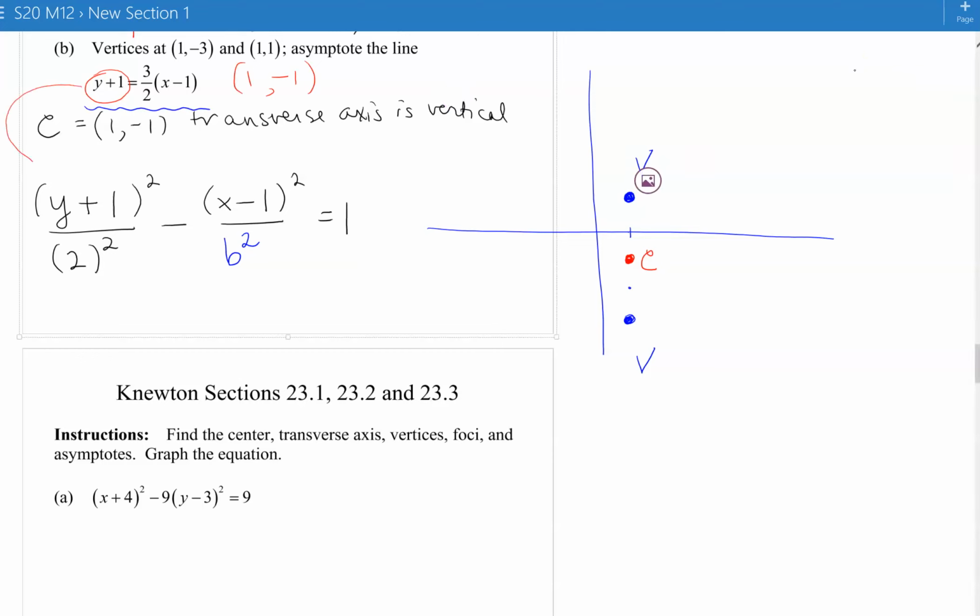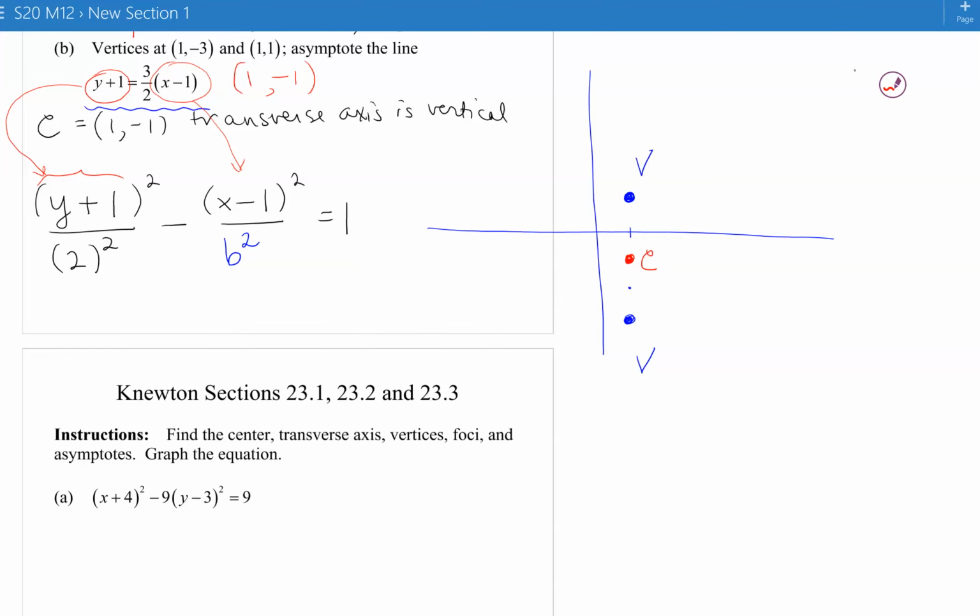So notice that you have y plus 1 both in the equation of the line and in the equation of the hyperbola. And you have x minus 1 in the equation of the line and in the equation of the hyperbola. Okay, so let's see if we can graph these lines, these asymptotes.